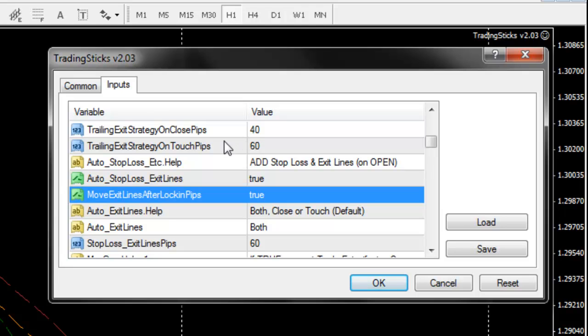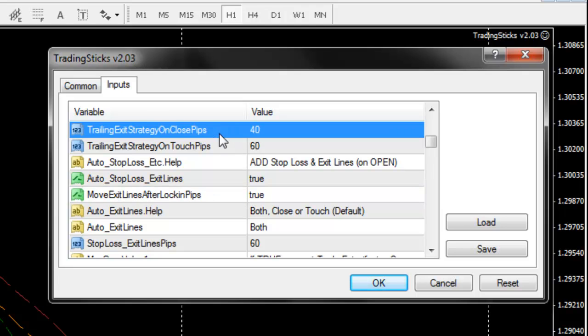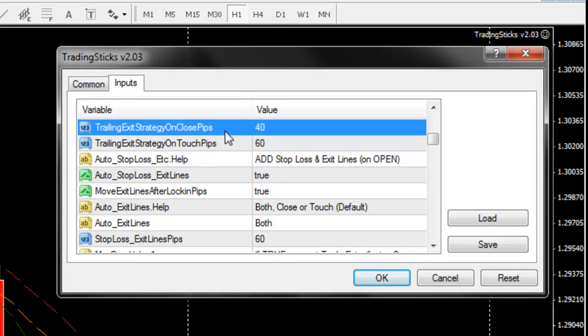The point here, which we will see as the trade unfolds, is that although the exit strategy on close will trail 40 pips behind the price action, it cannot move closer to the price action than the close of the previous bar, because if it did, it would automatically close itself out. So there are occasions when the on touch, even though it should be further away from the price action than the on close, may overtake. We possibly will see an example of this in our example trade that we're going to do now.